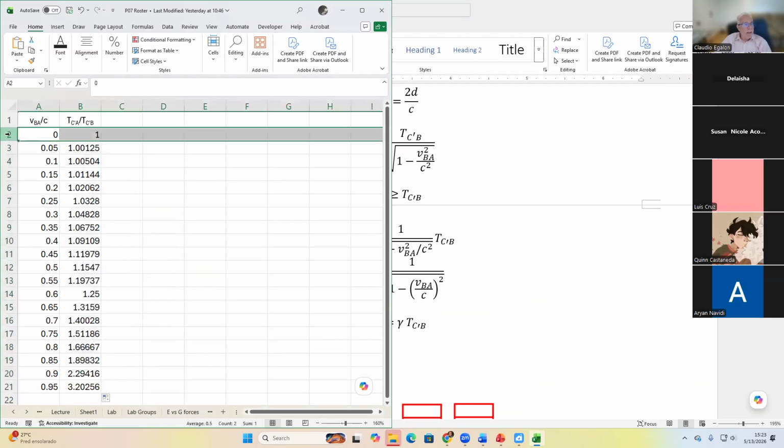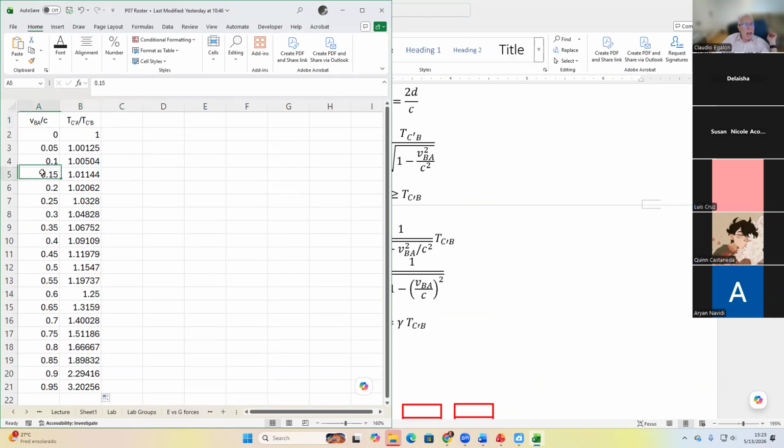When the clock C prime is at rest, the ratio TC prime A over TC prime B is equal to 1. Whatever period the observer in A sees for clock C prime is the same period that the other observer in referential B measures.